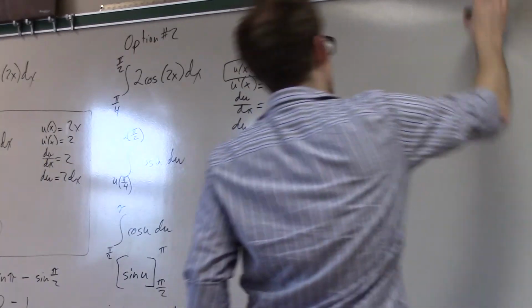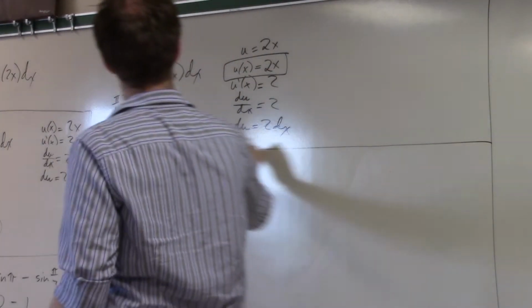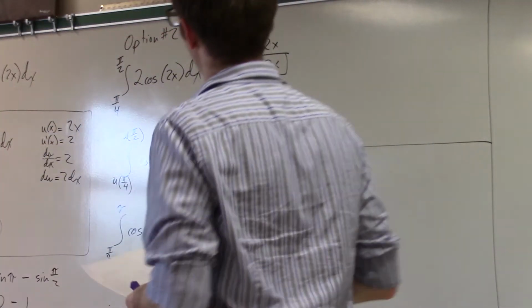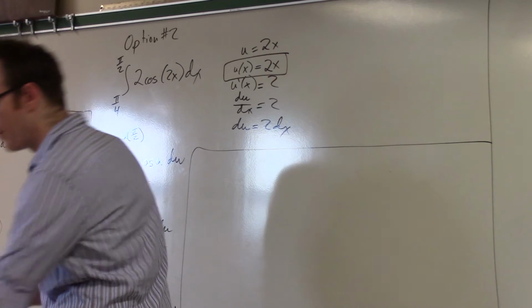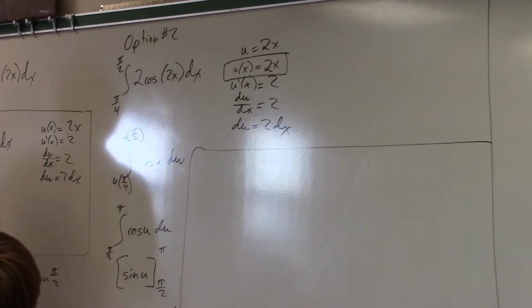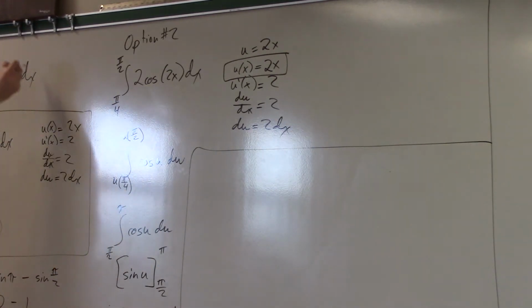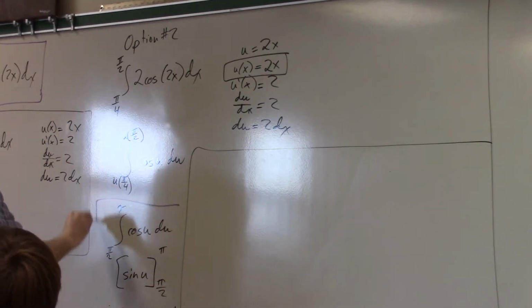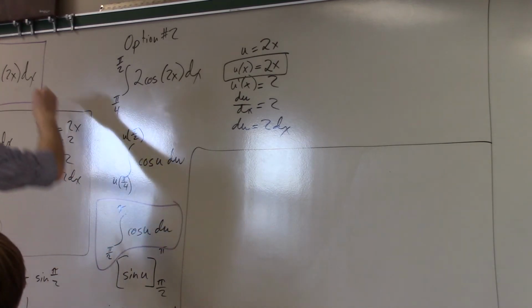I think I'm going to end with a sort of possible visual representation of what's going on here. The deep claim that I'm really making is that this original integral is, according to me, the same as this integral.